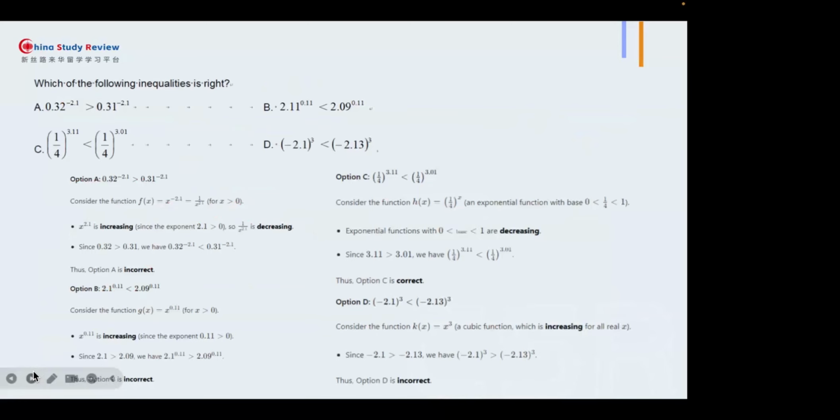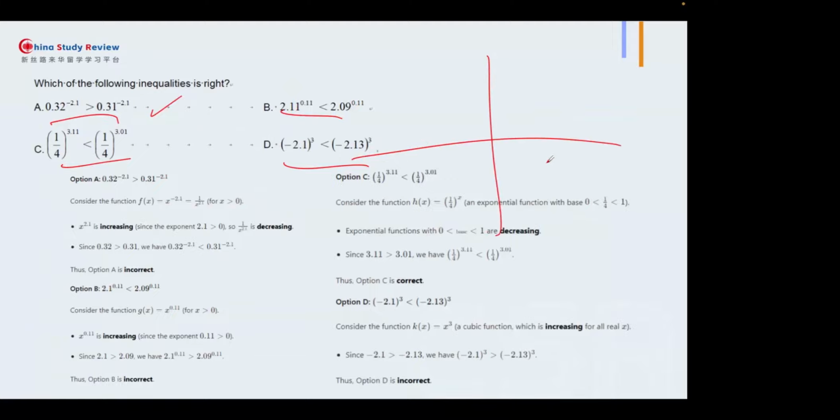The second one, for this one, you need to know how to compare those exponential functions. For example, let's say for a here, firstly, you could draw the graph of these two functions because those two are decreasing, right?